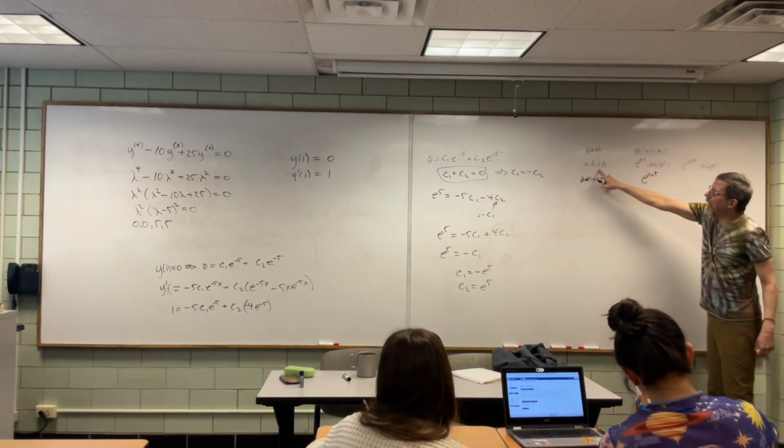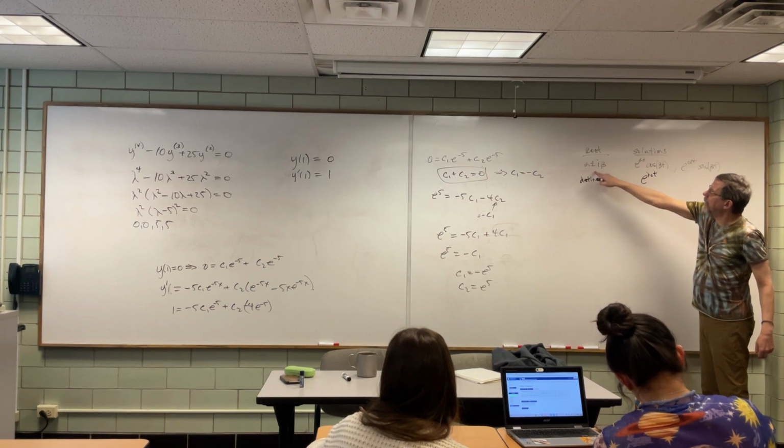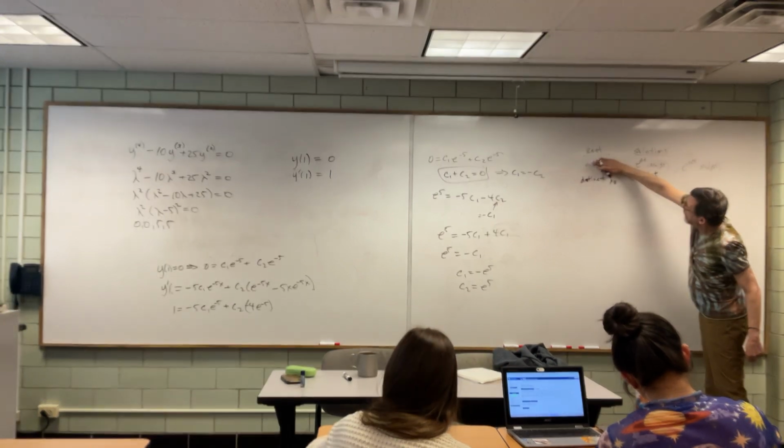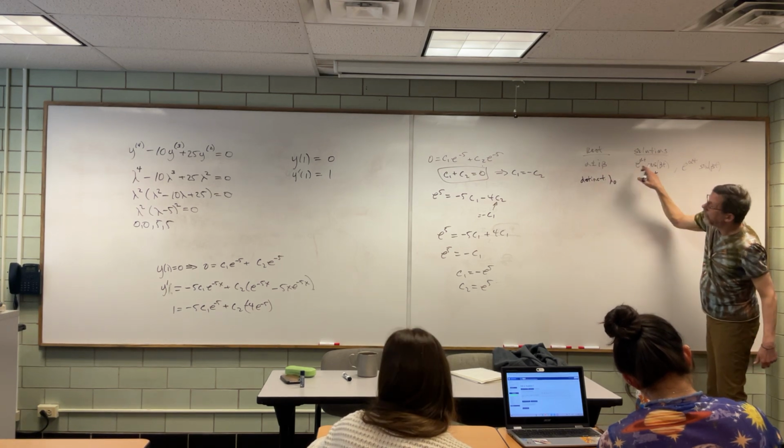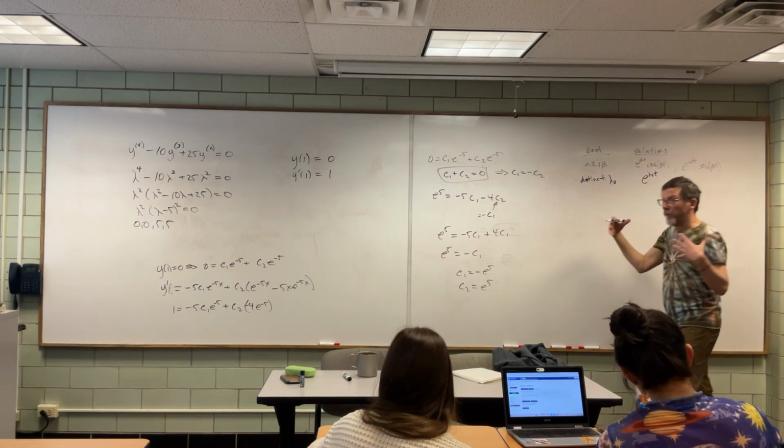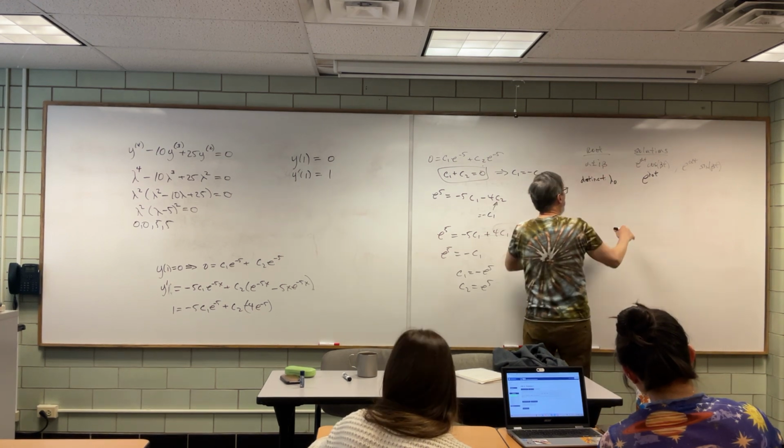Notice this case actually gets you that, right? Because if beta is 0, then you just get the e to the alpha t. So there's nothing mysterious going on with that. Everything here is consistent, is what I mean.